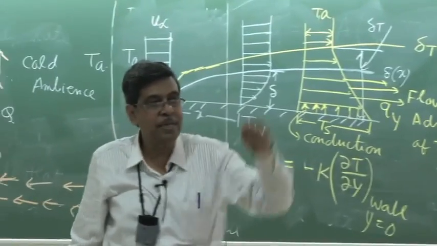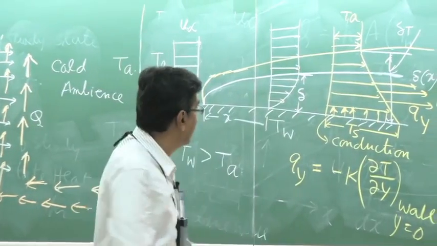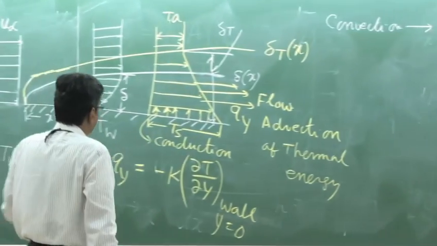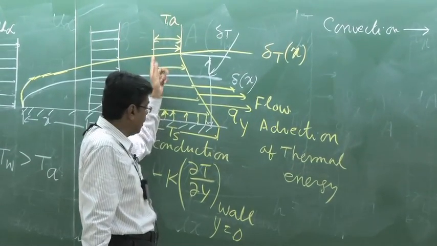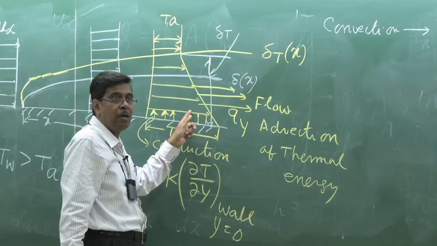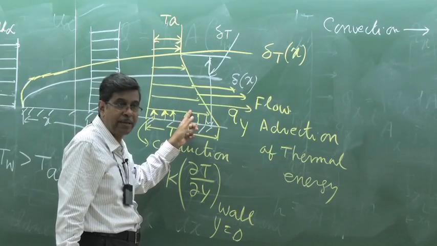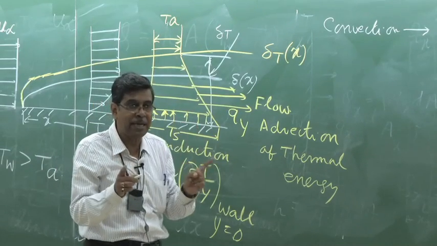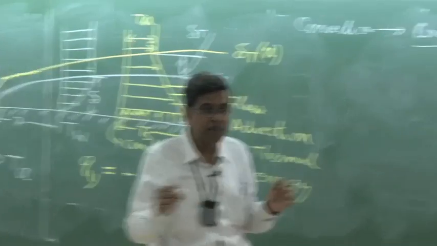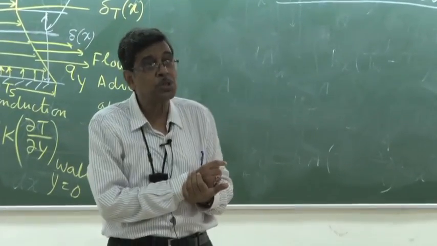You understand? Because the thermal boundary layer is reduced. That means the fluid attains the cold temperature, free stream temperature, at a very close distance from the plate, but the plate temperature remains same. That means the temperature curve is more steep.